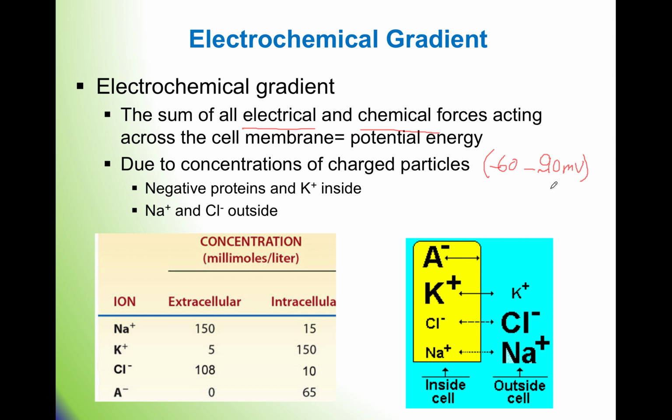It never reaches negative 90, so around 85-ish. And the components that are contributing to creating this negative charge are associated with potassium and sodium. Those are your two most important ions. And the third component that I mentioned is A negative, which implies amino acids with a negative charge inside the cell.